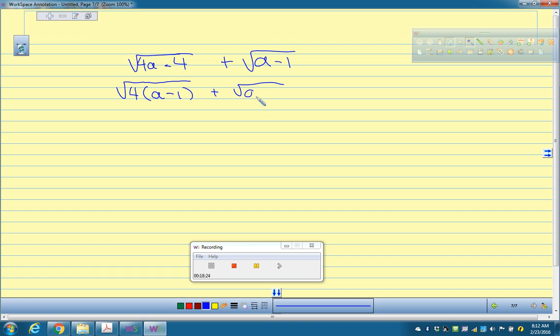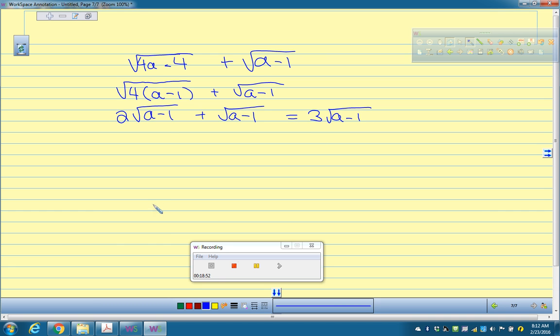Square root of a minus 1. What perfect square can I bring outside of the box? What's the square root of 4? 2. So I have a 2 times the square root of a minus 1 plus the square root of a minus 1. How many square roots of a minus 1 do I have altogether? What's 2 plus 1? 3 square roots of a minus 1.